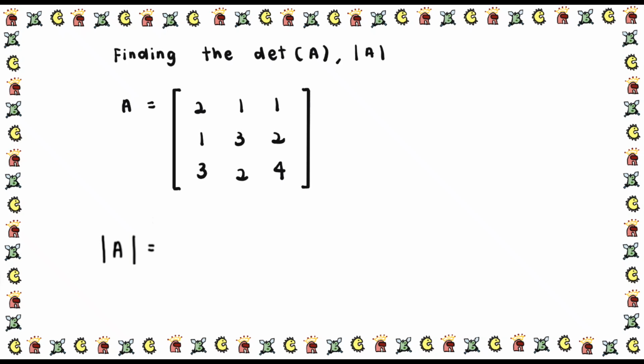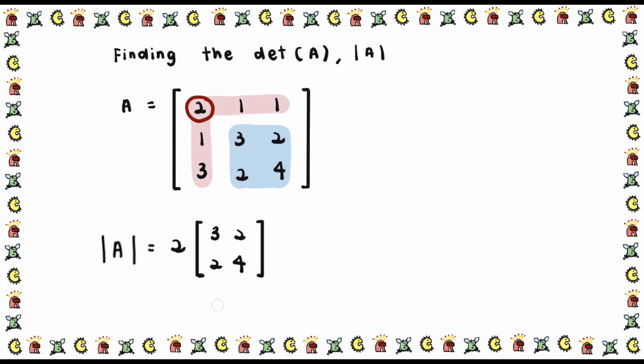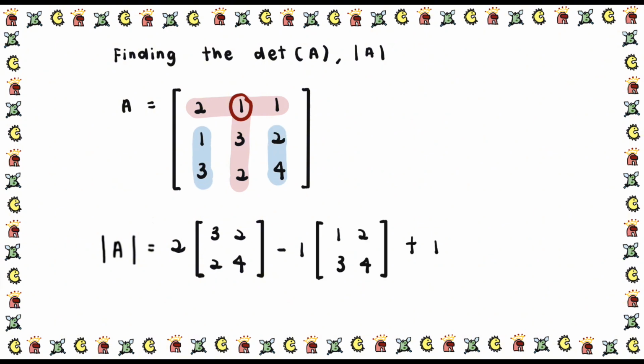So, how to find the determinant of matrix A? It's pretty simple actually. First, we will get rid of the first row and the first column of matrix A, leaving us with a 2 times 2 matrix. Then, we will take 2 and it will be reduced to a 2 times 2 matrix, which looks like this. Then, we will minus 1, which is in the first row, second column, with 1, 2, 3, 4. And then plus 1, which is in the first row, third column, with 1, 3, 3, 2.